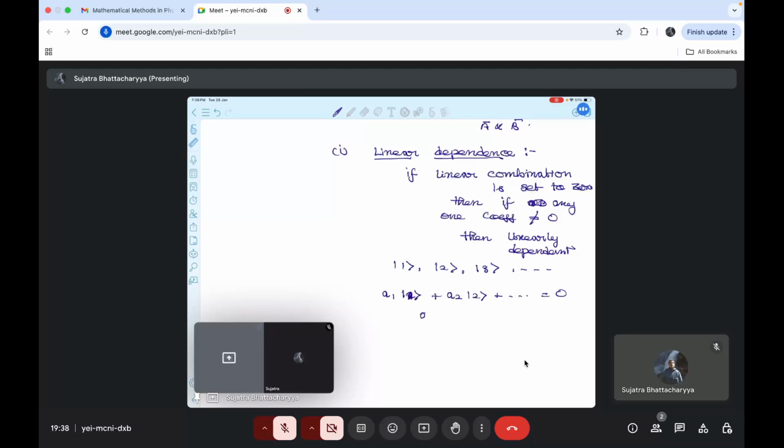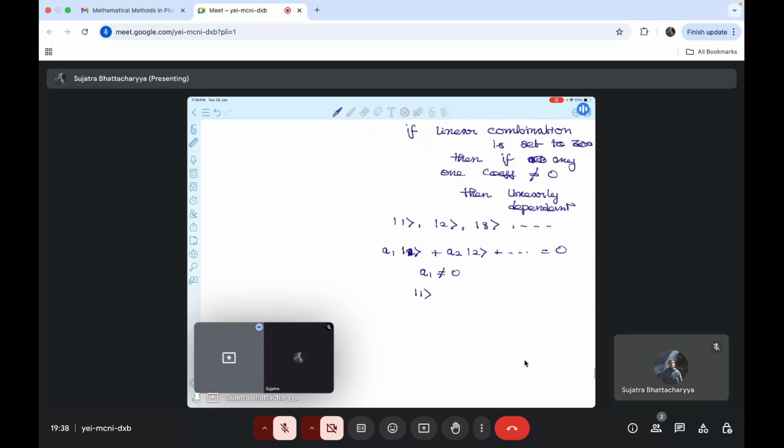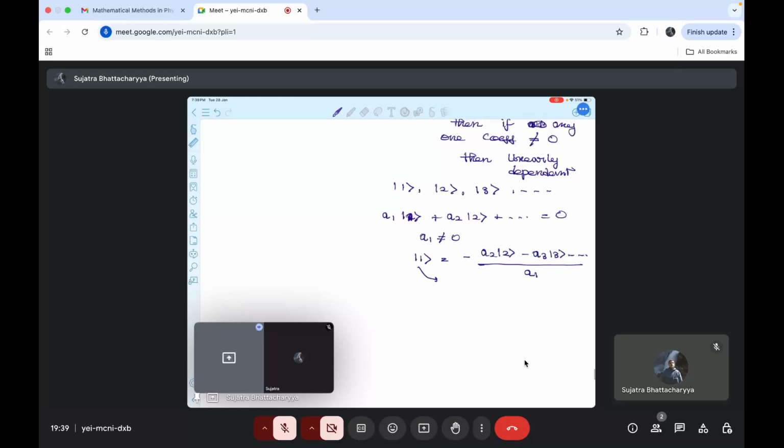And suppose a1 is not equal to 0, then I can write v1 as minus a2 v2 minus a3 v3 and so on, divided by a1. So you can see that this vector is dependent on the other vectors, v2, v3, and so on.